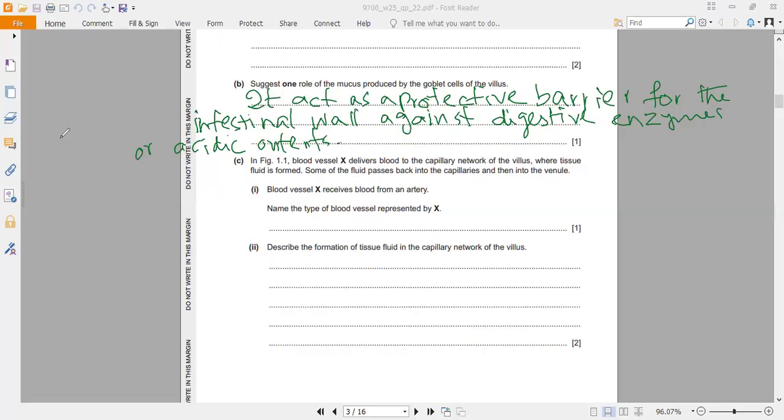Second one, it helps trap pathogens or microbes.